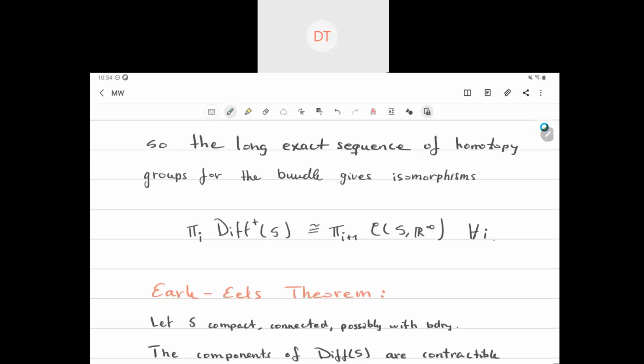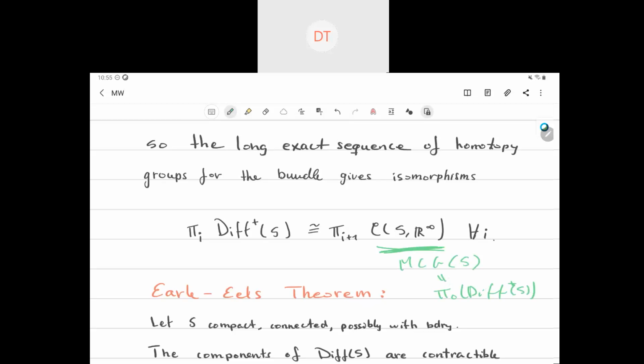All right. So what am I proving right now? I'm proving that this thing is an Eilenberg-MacLane space for MCG(S). But remember that MCG(S), I said before, is pi 0 of Diff+(S).